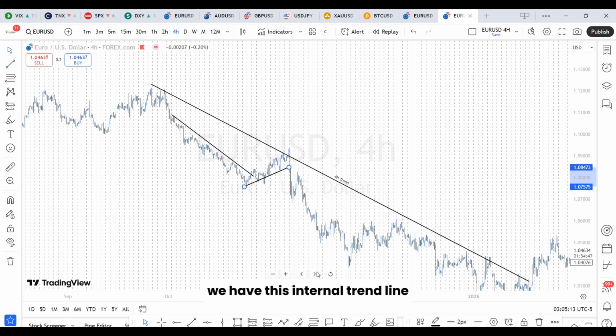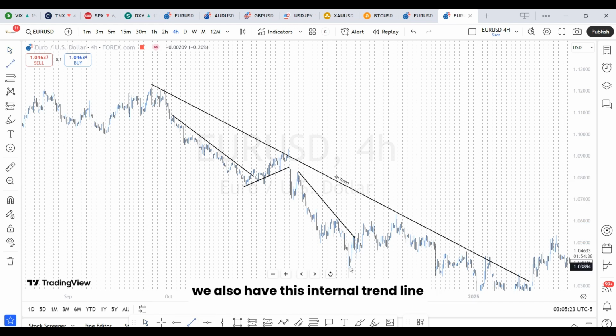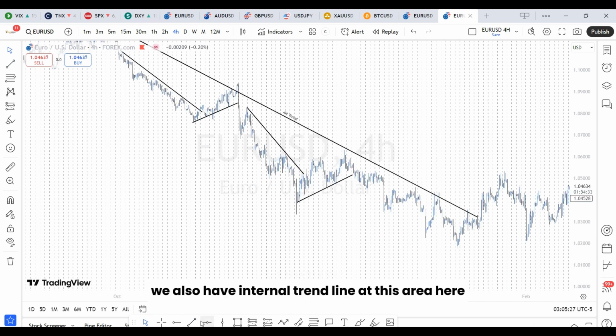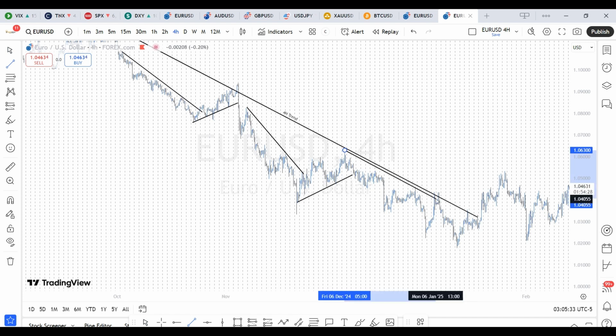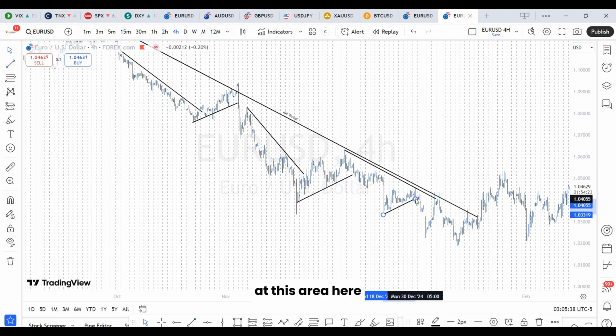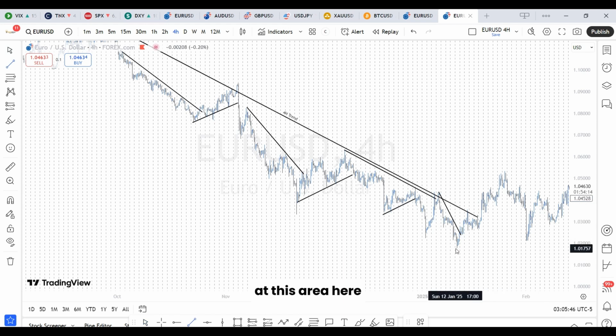We also have this internal trend line, and this internal trend line serving as a pullback. We also have an internal trend line at this area here, and another internal trend line at this area here, and another here, and another here.